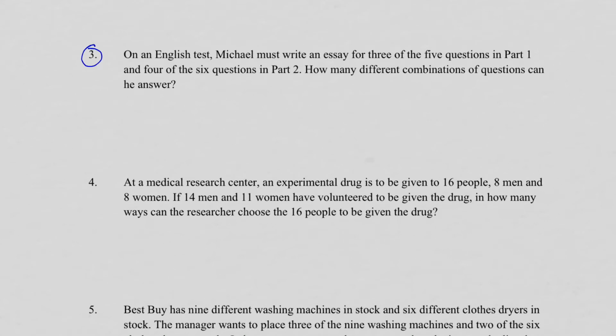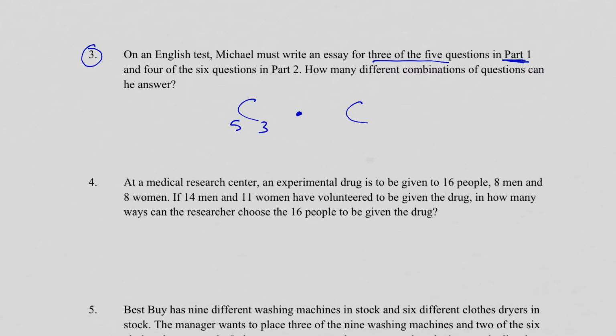Okay, taking the test, you have to write an essay for 3 of the 5 questions of part 1, 4 of the 6 questions of part 2. How many different combinations of questions can he answer? So you know you're going to multiply 2 combinations. In part 1, it's 3 out of 5, right?